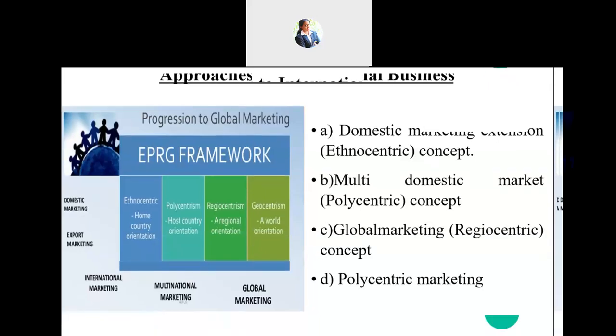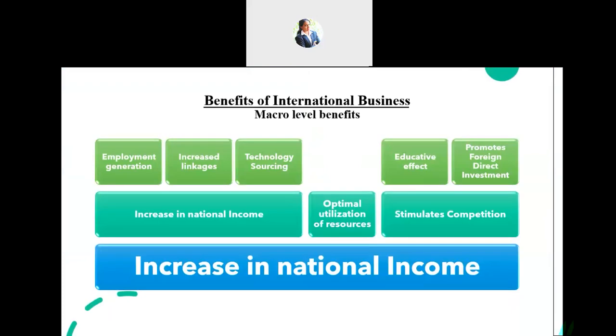Now let us move forward and see what the benefits of international business are. There are several benefits for a business when it goes international, and all these benefits can be studied from different perspectives, especially in terms of macro level and micro level benefits.